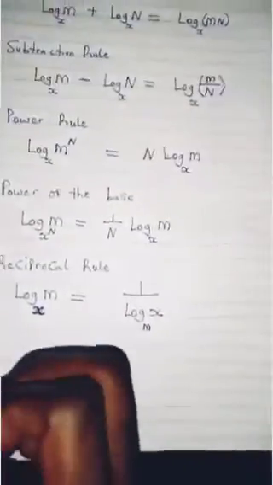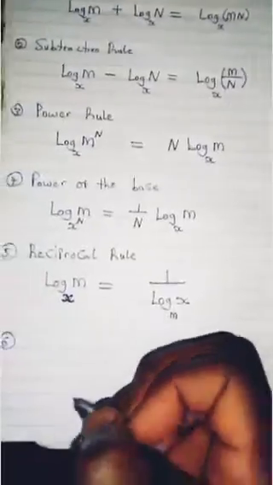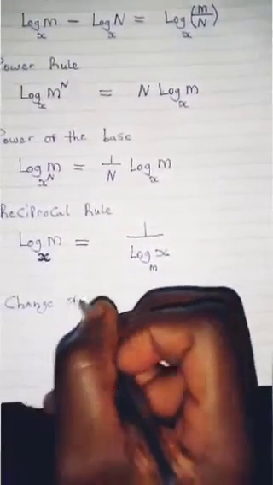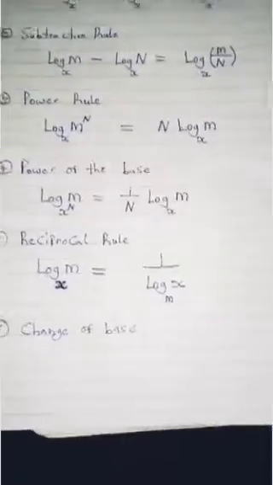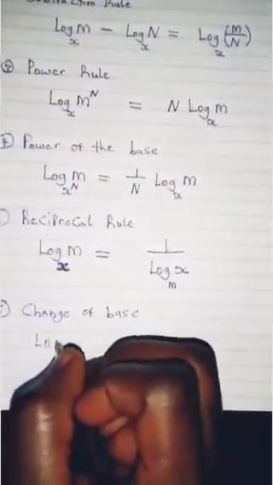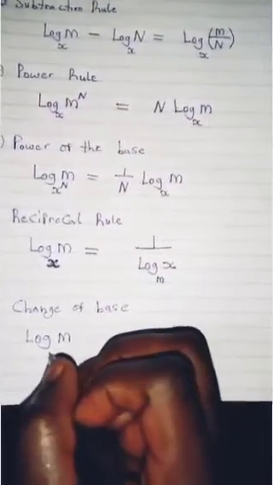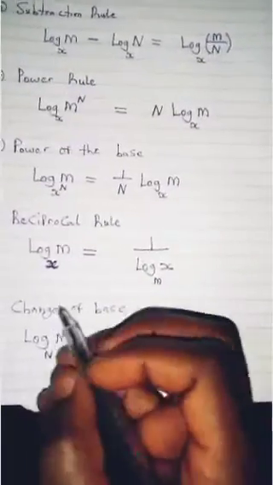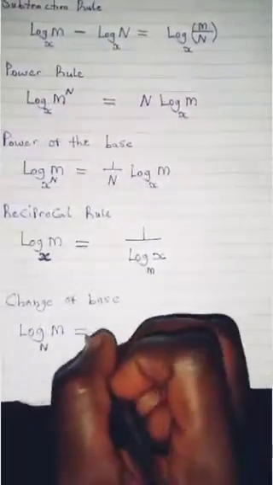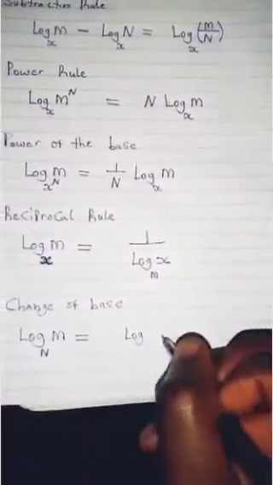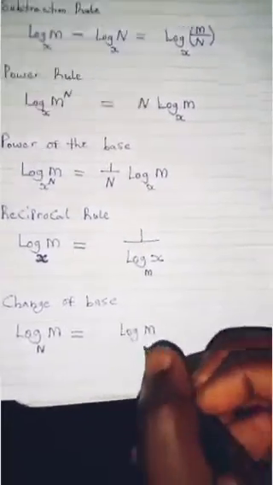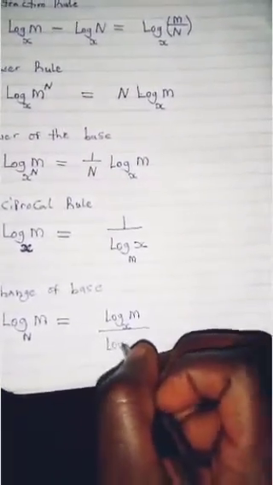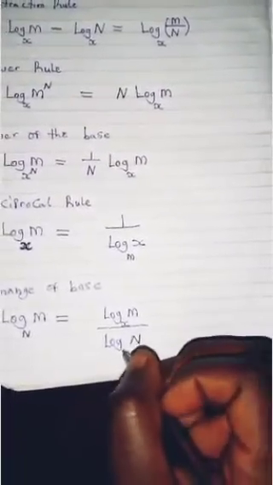So number 6, we are going to be looking at change of base. If we have log m into base n, let's say for instance we are having base n now, change of base, that will equal log m, base x, all over log n into base x.